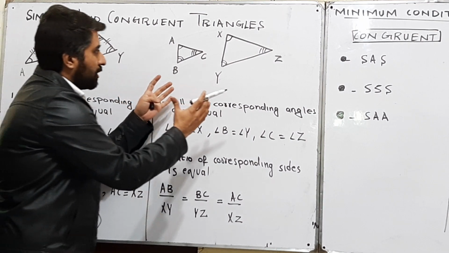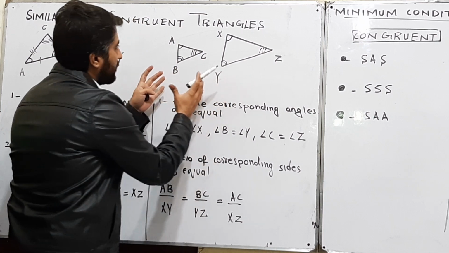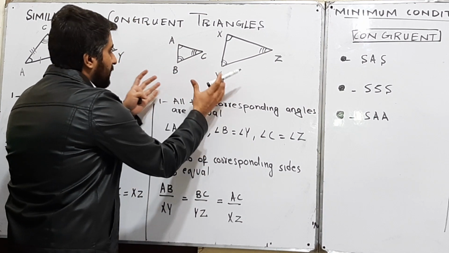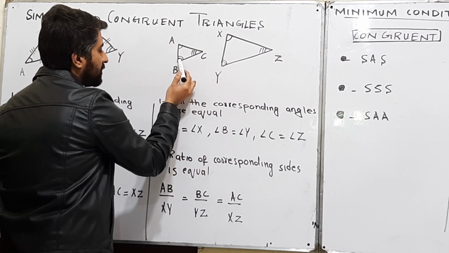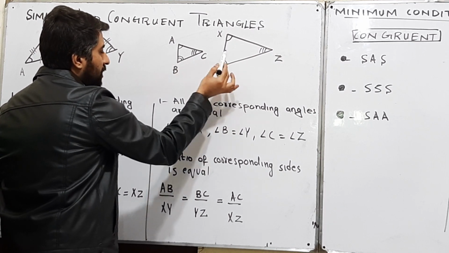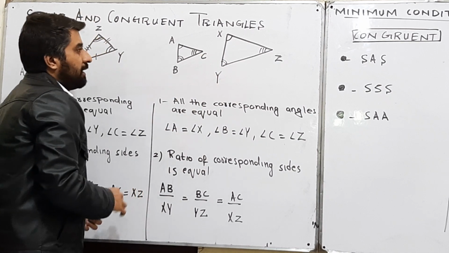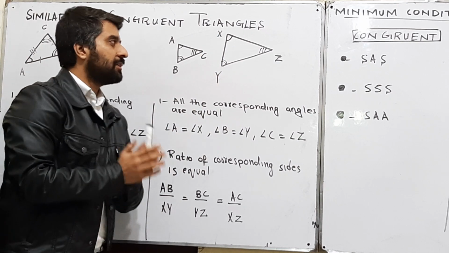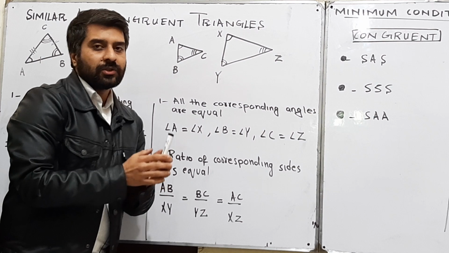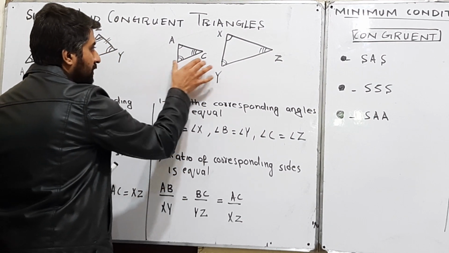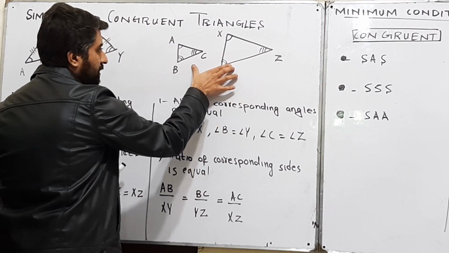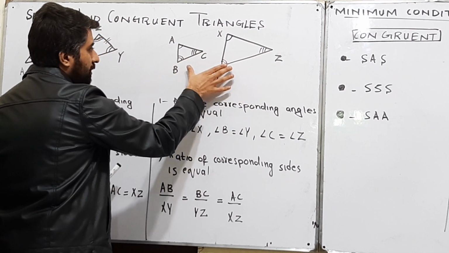Whereas if you are talking about similar triangles, then this one is an enlargement of this triangle. The shape is exactly the same, but the difference is of size. This one is smaller, this one is larger, the shape is the same, so they are similar.